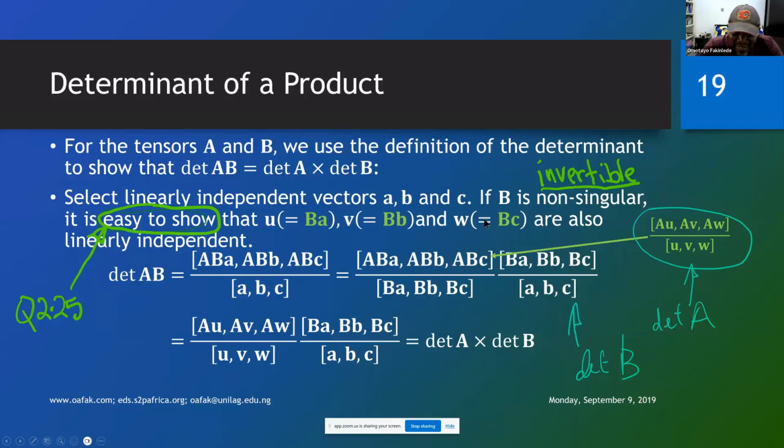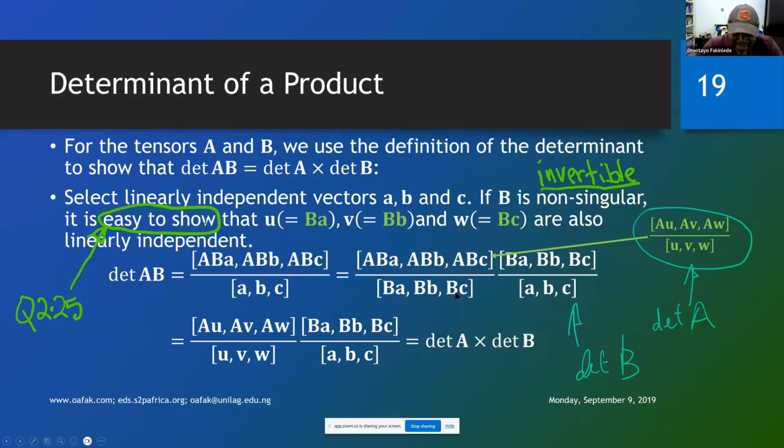If that is the case, we can write what we have here as AU, AV, and AW. We have these three, AU, AV, and AW. And we have divided it by BA, BB, and BC, which is U, V, and W. So what we have now here, BA, BB, and BC over ABC.